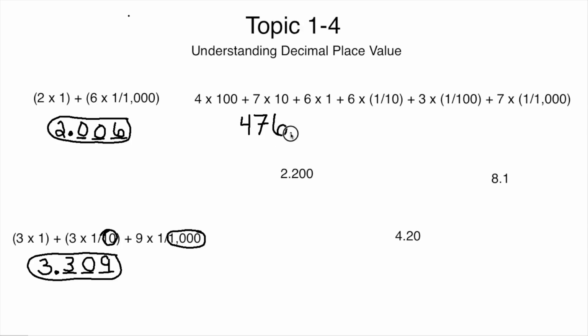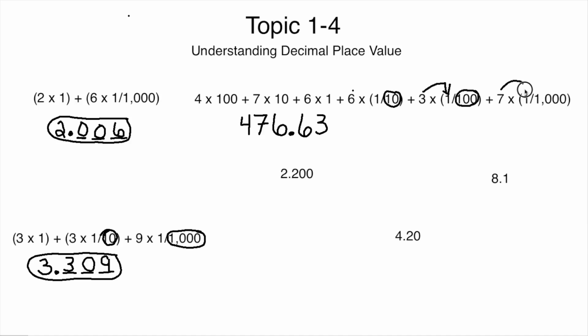So obviously, what comes next is a decimal. So here, in the tenths place, 6 times 1 is 6, and it goes in the tenths place. So we're going to put a 6 in the tenths place. Here, we have 3 times 1, and it goes in the hundredths place. So 3 goes in the hundredths place.